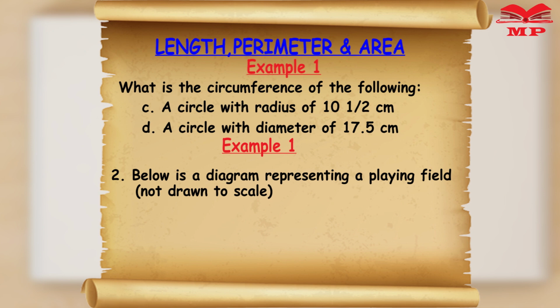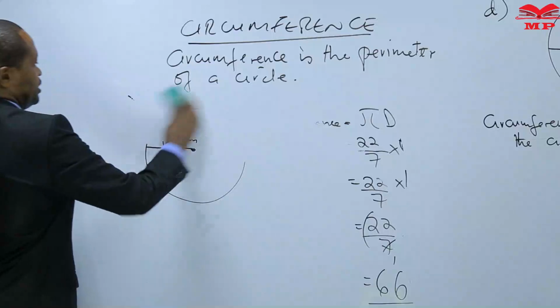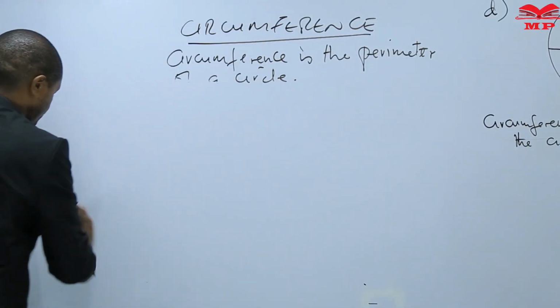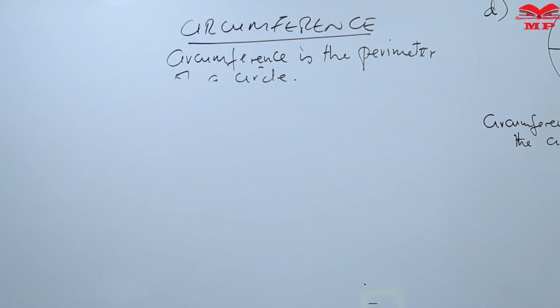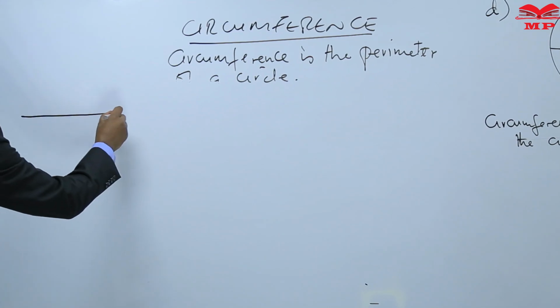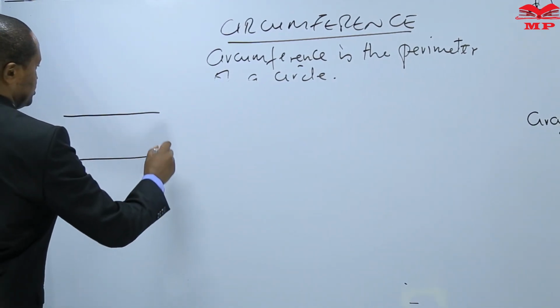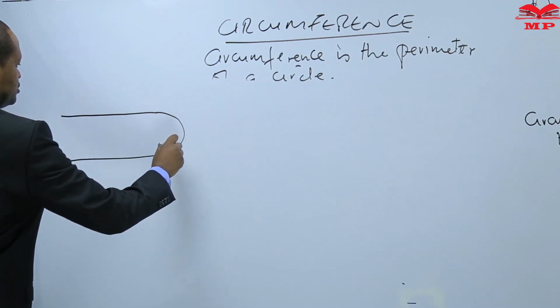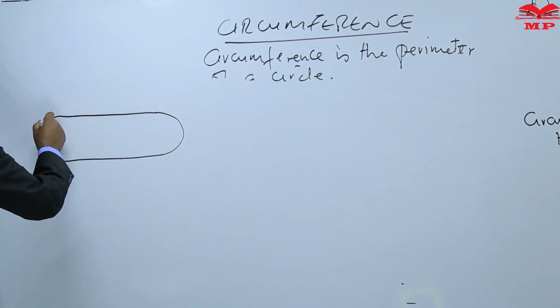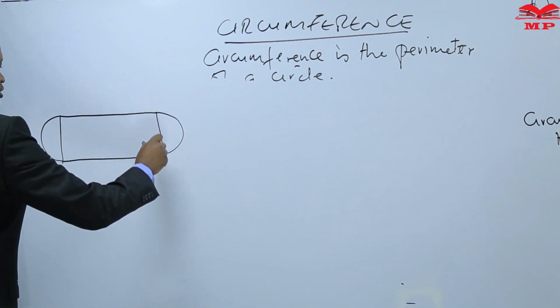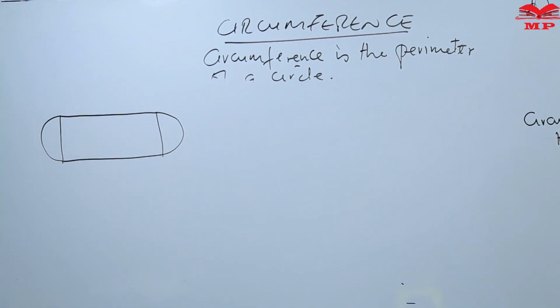So I'm also going to draw the playing field from the pupil's book. The playing field takes this shape.